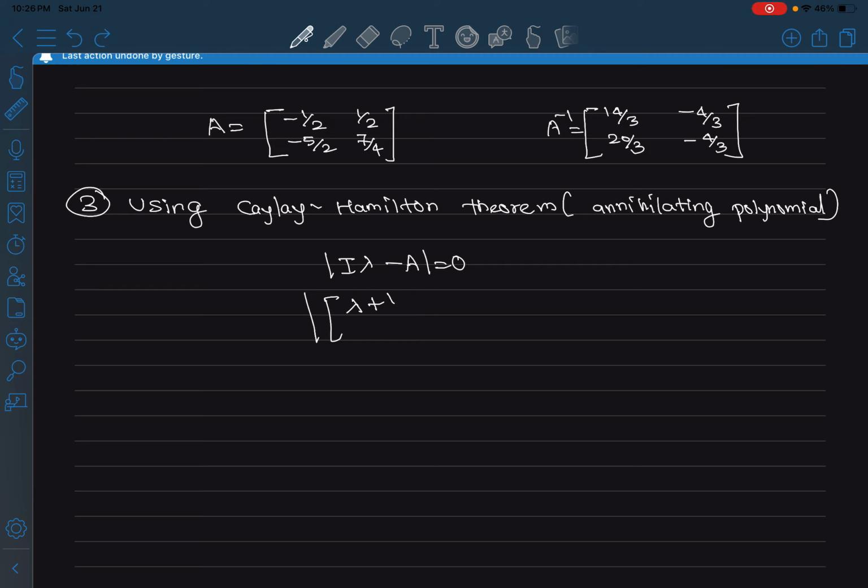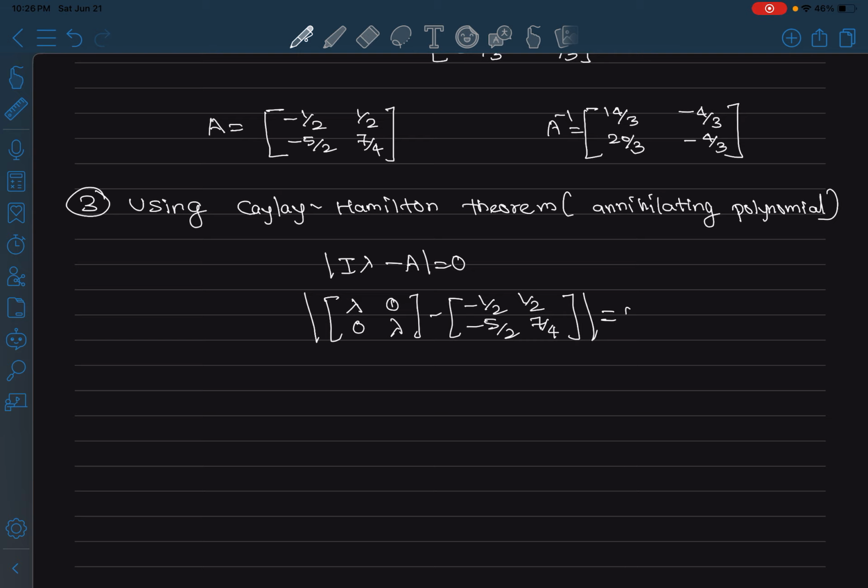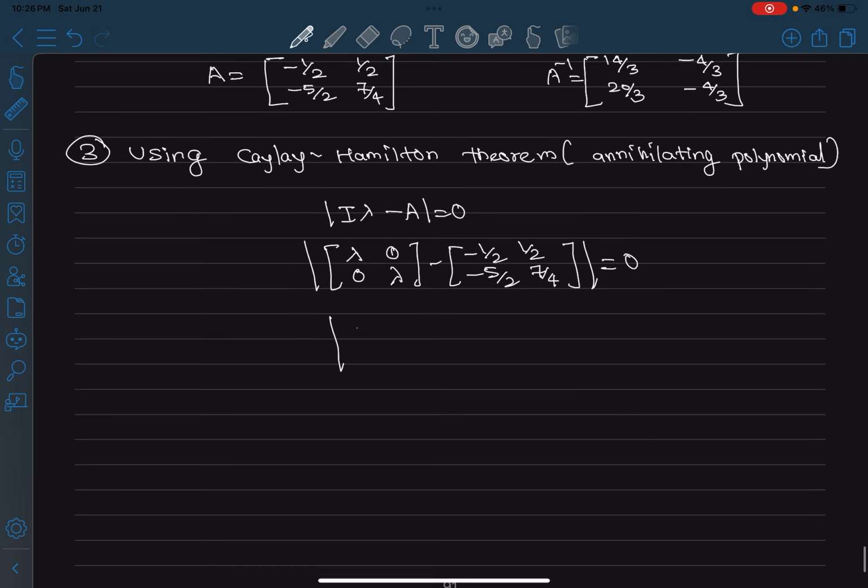Lambda I minus A is lambda plus half, negative half, negative 5/2, lambda minus 7/4, and the determinant should be 0.